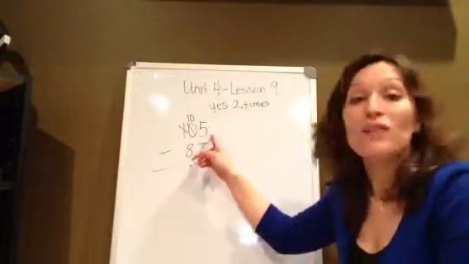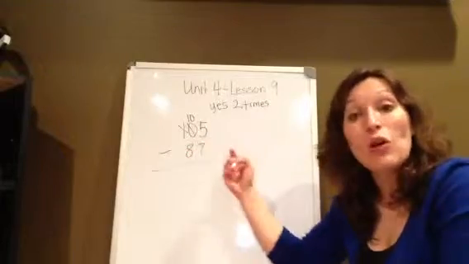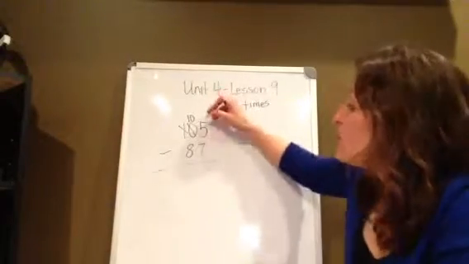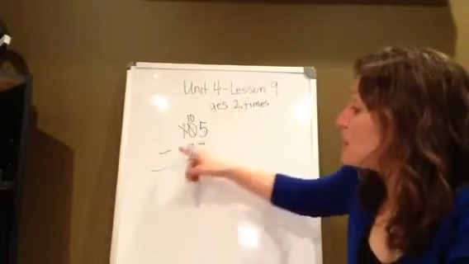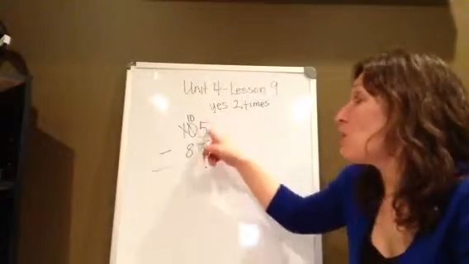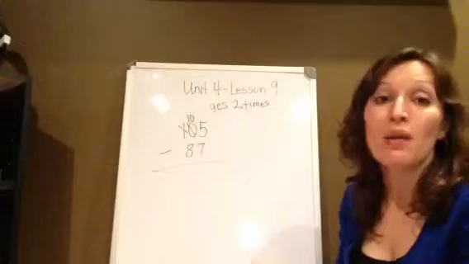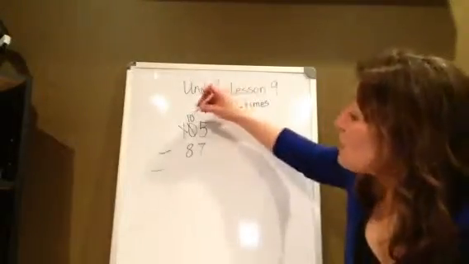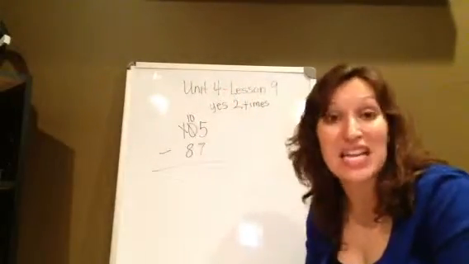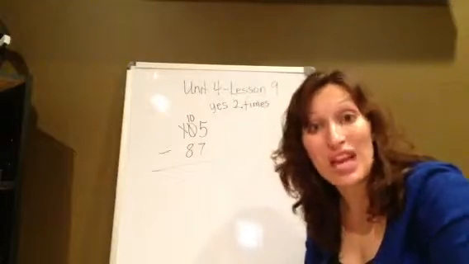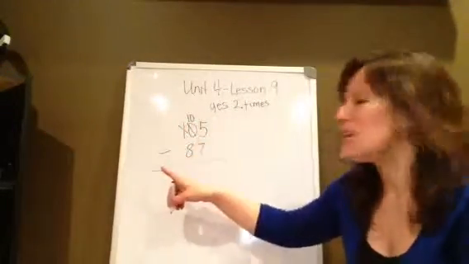Now, I know I'm going to have to regroup in the ones too, so I'm just going to keep going before I start subtracting. So if I have 5 ones and I want to take away 7 ones, I know I need more ones. I have to have enough ones to be bigger than my bottom number. So the best way to get more ones is to take a 10 and ungroup the 10. So where can I get tens? Right here.